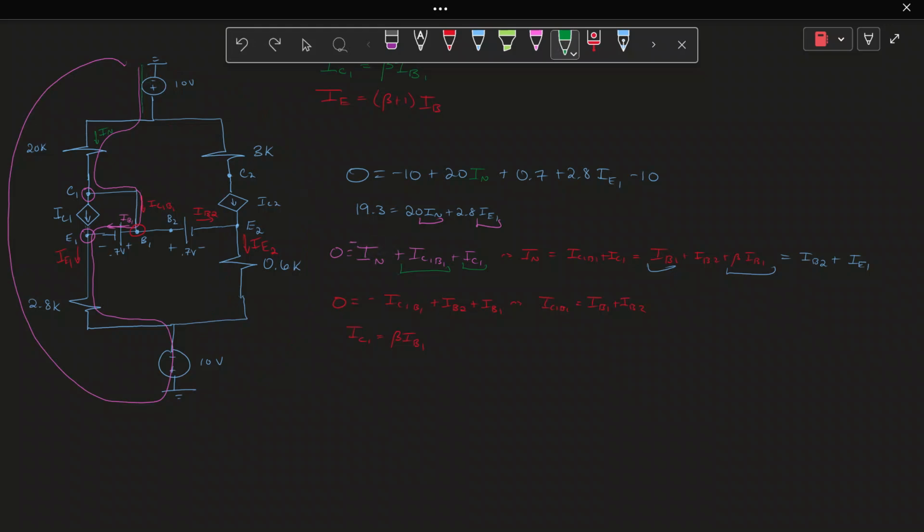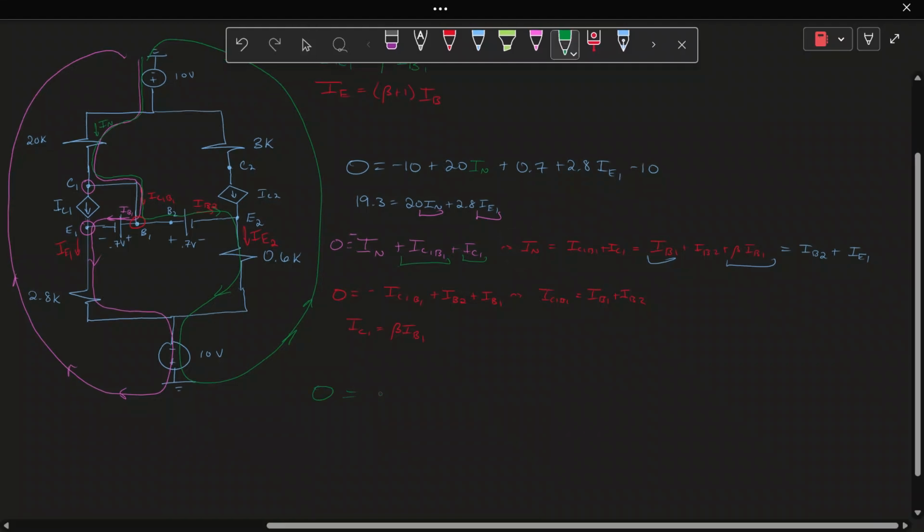Let's start the same way we started with the initial loop. But instead of going left, let's go right. All right, so now you have this closed loop, and I'll put arrows to signify which way we're going. Okay. Now what we can do is we can create another KVL equation.